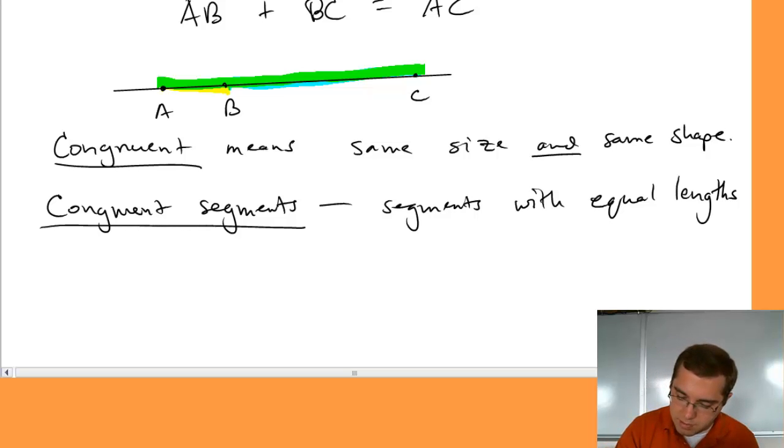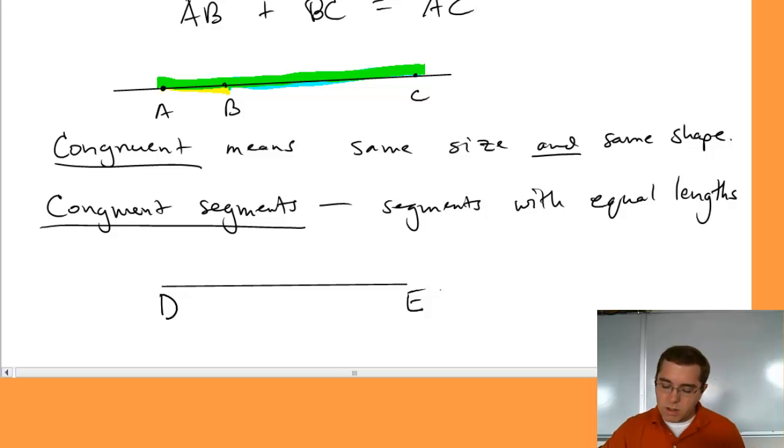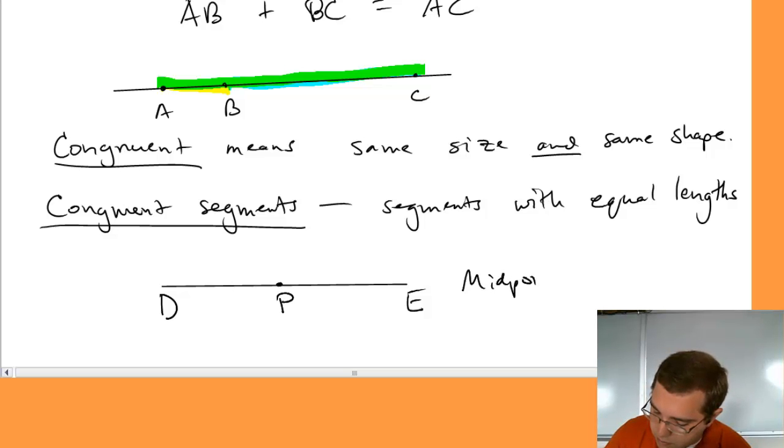Now let's take a segment, and I'll call my segment, I don't know, DE. D and E are the endpoints of my segment. If I take a point that is exactly halfway between the two, I call it P. So I'm saying P is halfway between D and E, then P is the midpoint of segment DE.